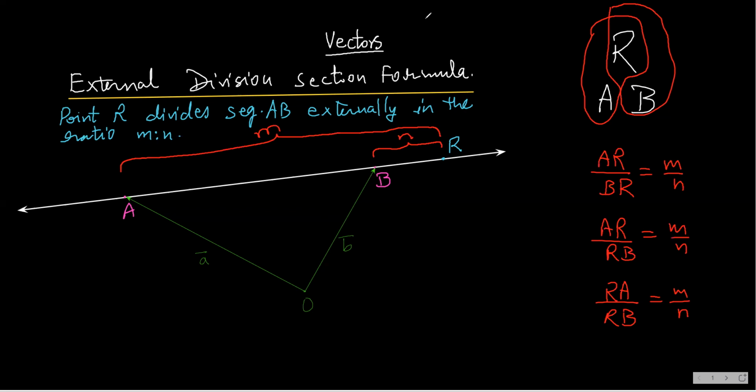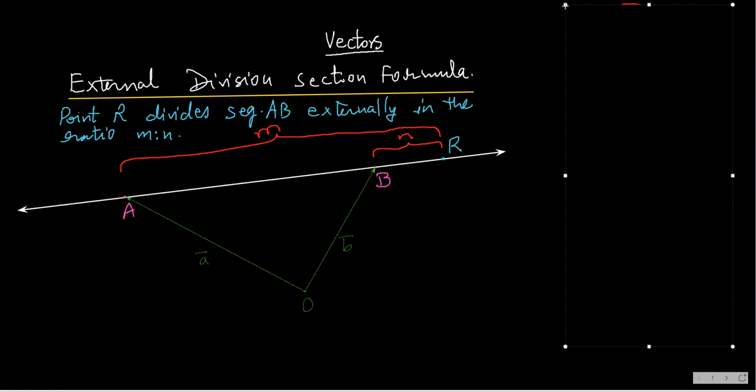So if that is the case, then I'll be able to write the position vector of point R. The position vector of point R is this, R bar.